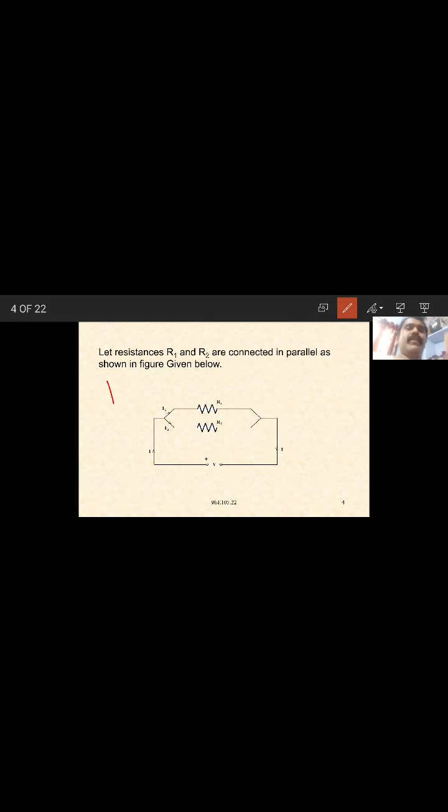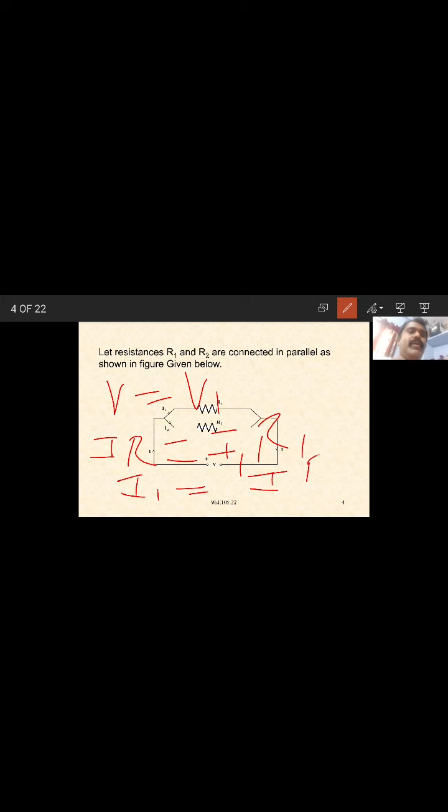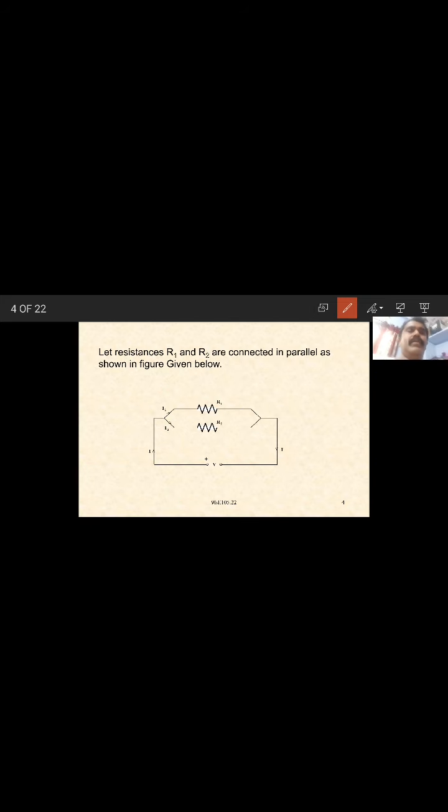So IR is equal to I1 R1, so I1 is equal to I into R by R1. Here R for two resistors in parallel is R1 R2 divided by R1 plus R2.